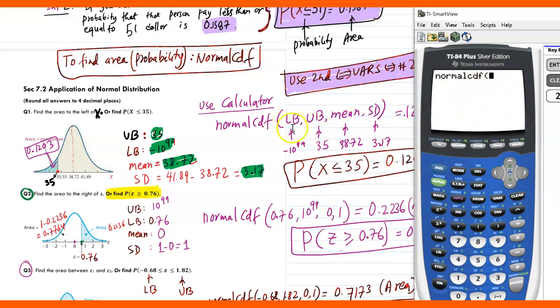But here this calculator has this kind of option. The first number you type is lower bound. You type negative 10 to the power 99, comma, upper bound is 35.